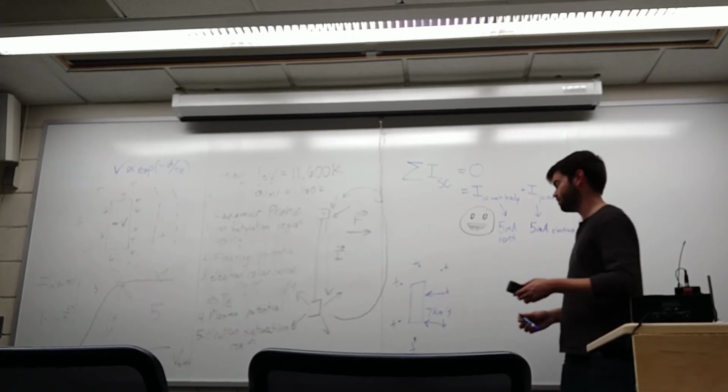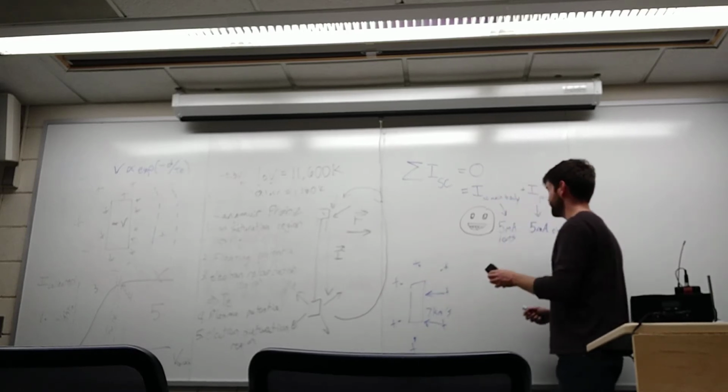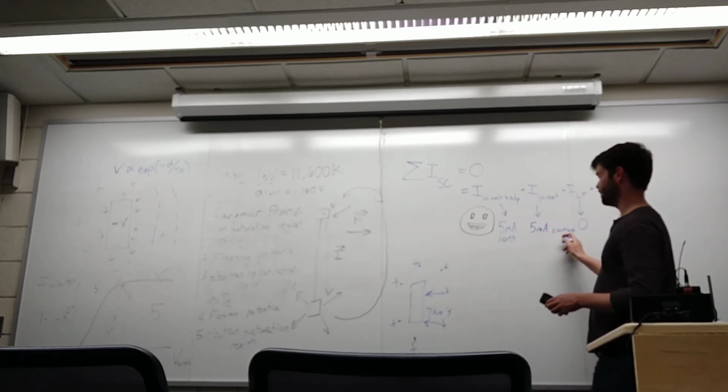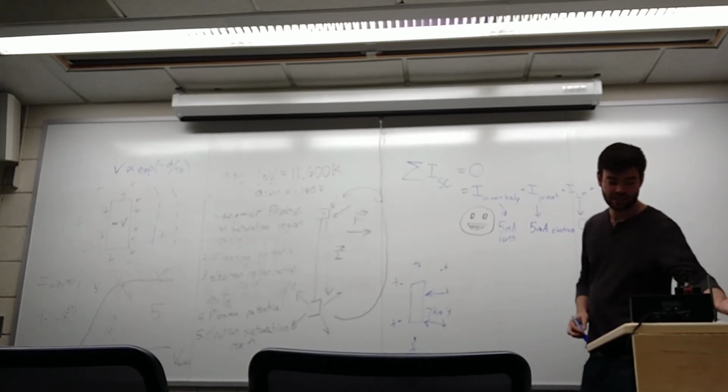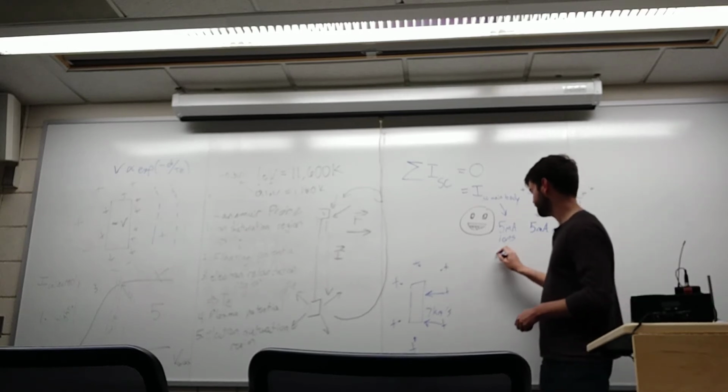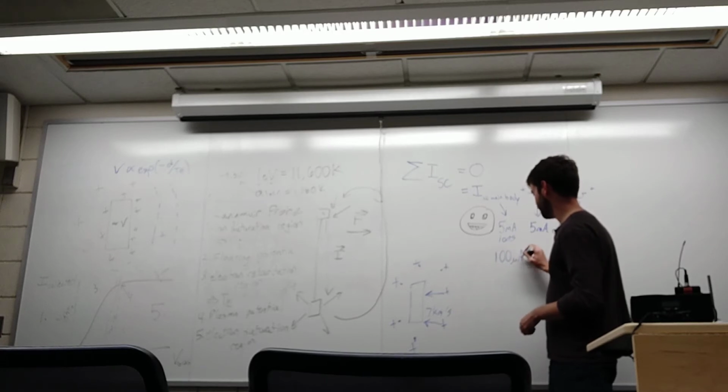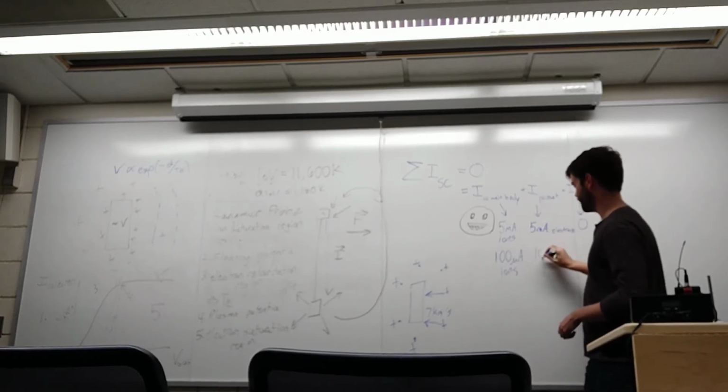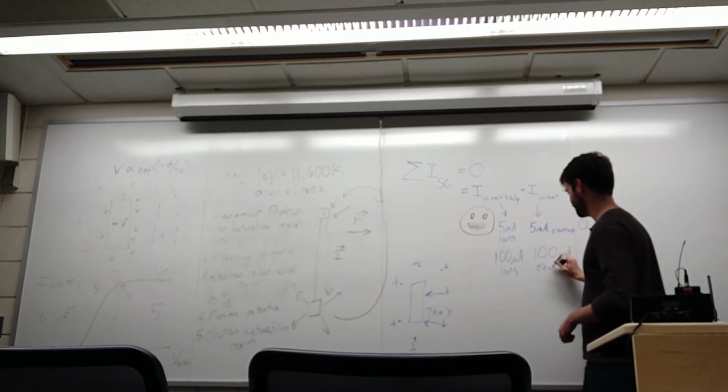So what's going to happen is the electron current will be limited to whatever the ion current is. Say we can get, I don't know, 100 microamps of ions. Then we're only going to collect 100 microamps of electrons.